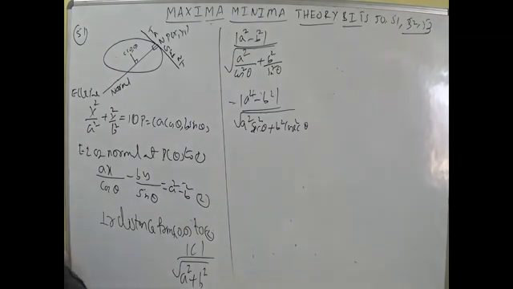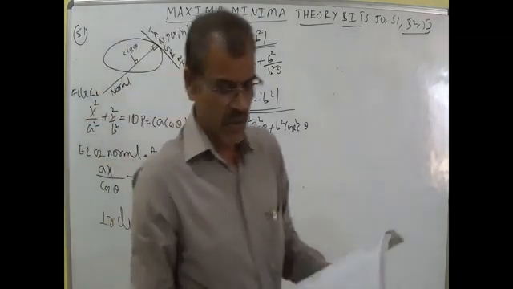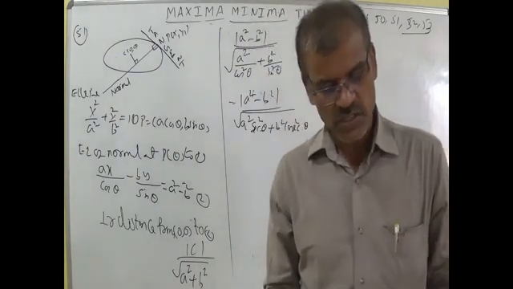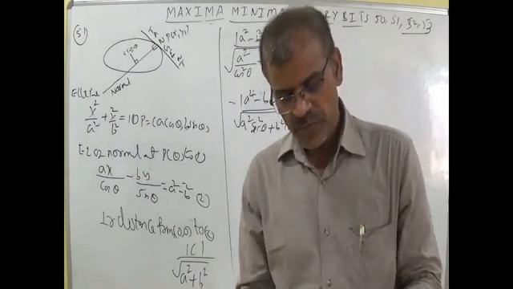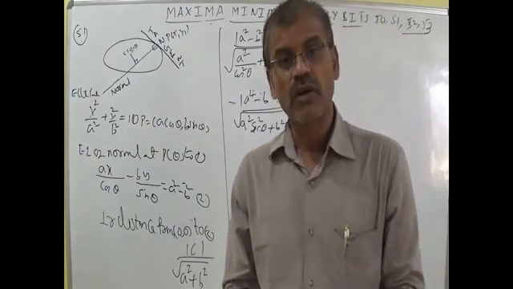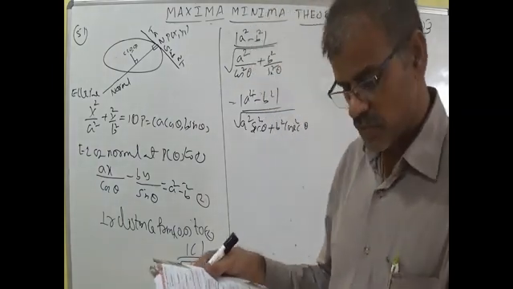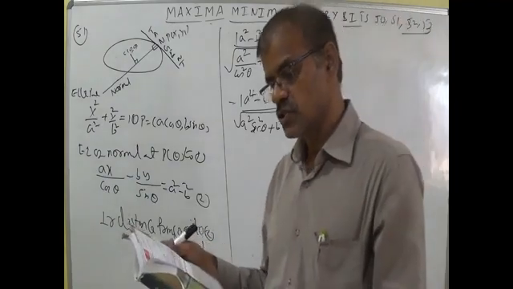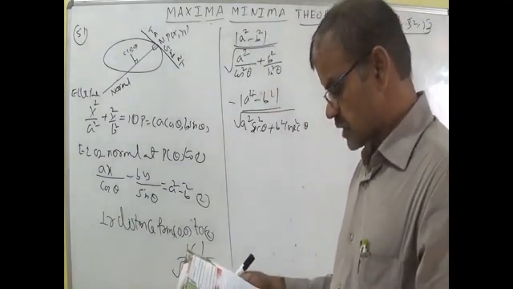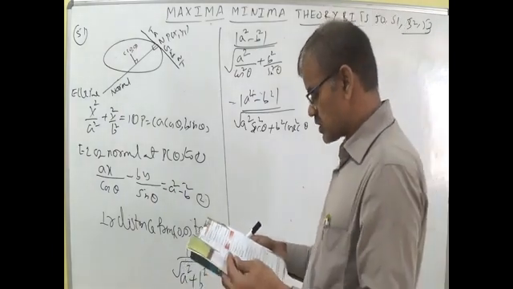Previously we discussed this sum, a square secant square θ plus b square cosecant square θ, in the CUQ and in the formula also. I said that the maximum value of a square secant square θ plus b square cosecant square θ is (a + b) square. In the previous class we discussed the least value.